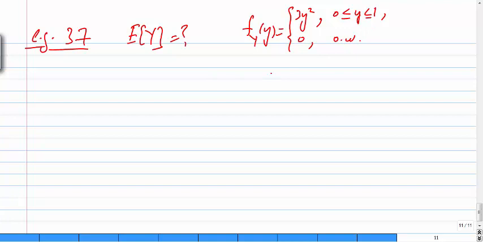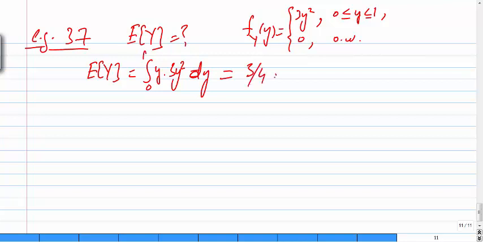Now just put in the values. The expected value of y is just solving an integration between 0 and 1, y times 3y squared dy. When we do it, it becomes 3 by 4.